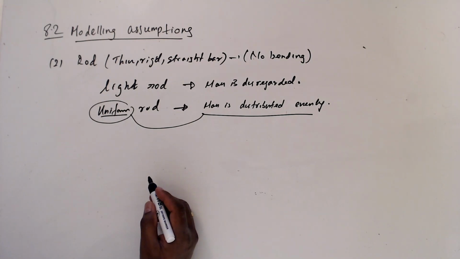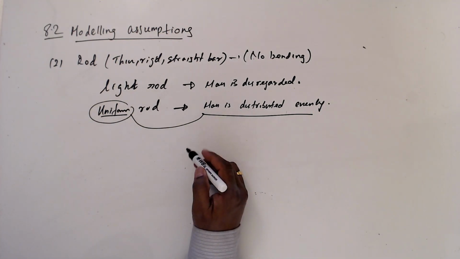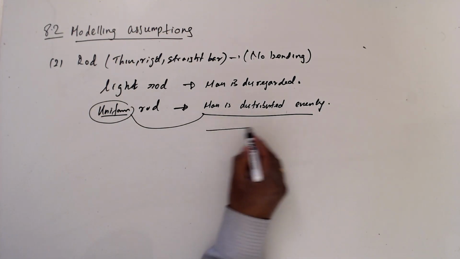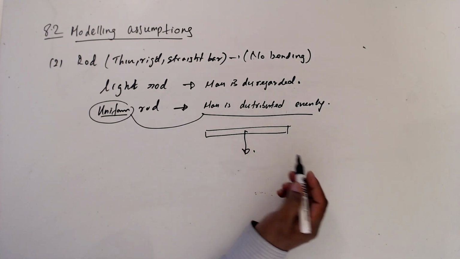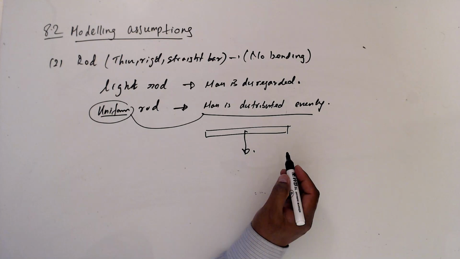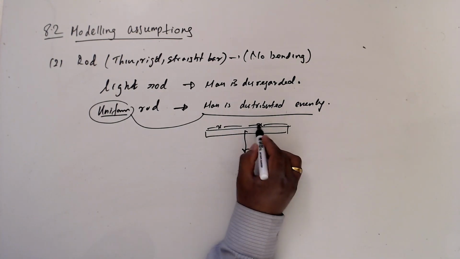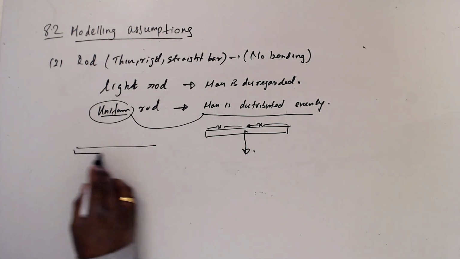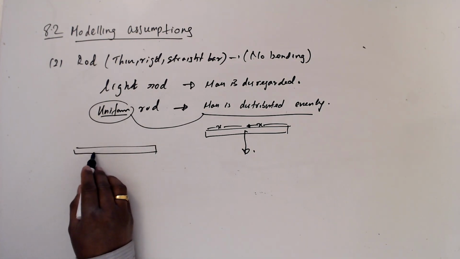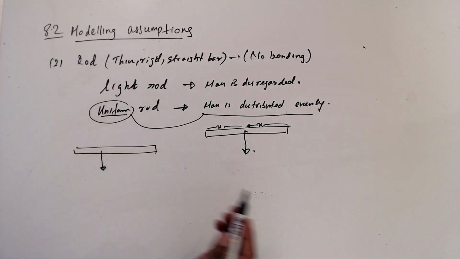As a result, the center of mass is in the middle, at distance x from here and the same distance from the other end. But if it is not uniform, the center of mass is not in the middle.